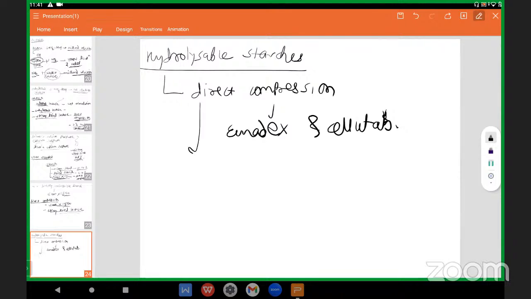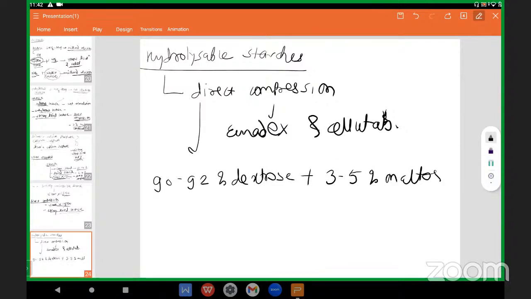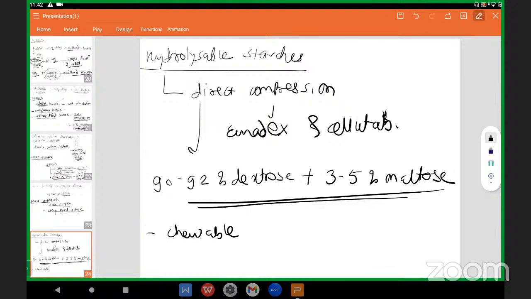And the composition for the direct compressible starches, it contains 90 to 92% of dextrose plus 3 to 5% of maltose. This is very important again, the composition of direct compressible hydrolyzable starches. Even the application, these are used in chewable tablet formulations.